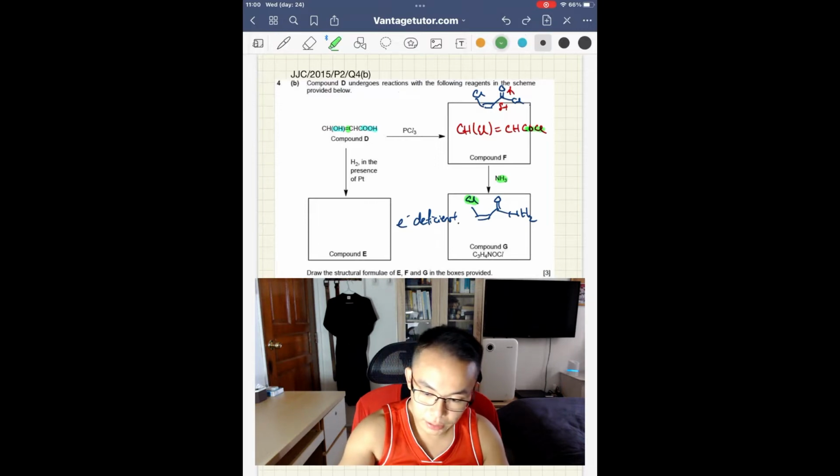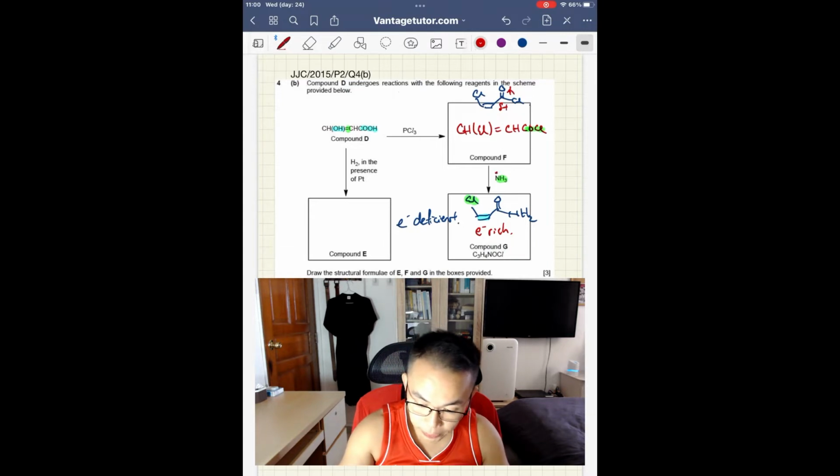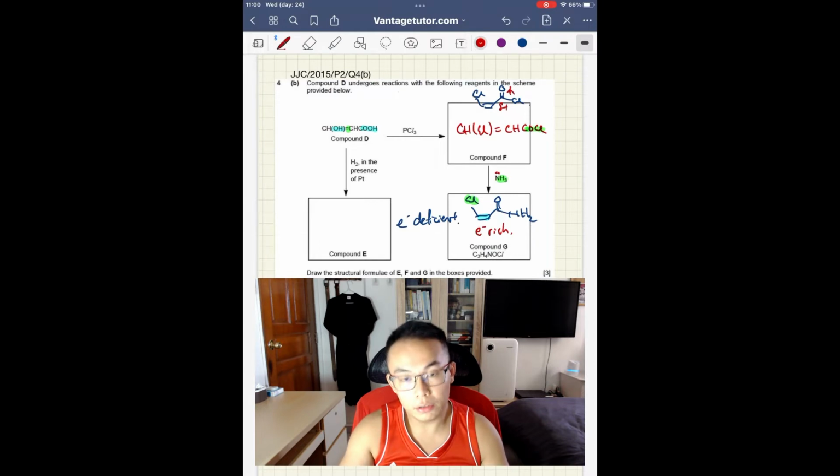Because there is a double bond, and in organic chemistry, this double bond is very electron rich. Therefore, there is no nucleophilic attack. This is a very electron rich region, not electron deficient, and therefore the lone pair is likely to be repelled away from the double bond at your alkene group.